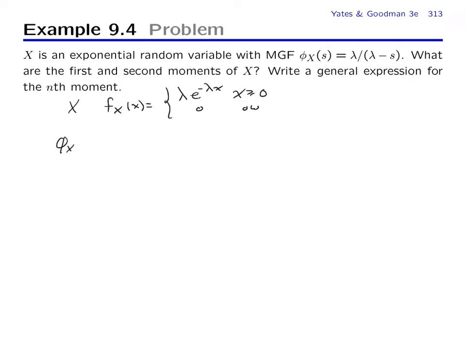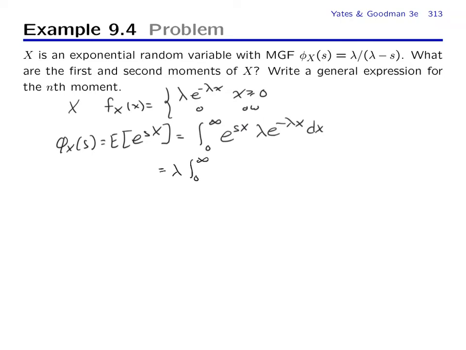The moment generating function is E[e^(sX)], and that's equal to the integral from 0 to infinity of e^(sx) lambda e^(-lambda x) dx. Now we factor the lambda out, and we have e^(-(lambda minus s)x) dx.